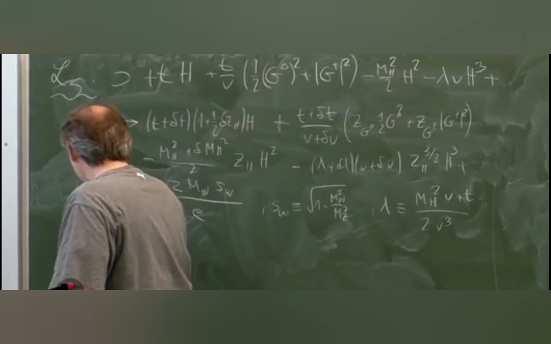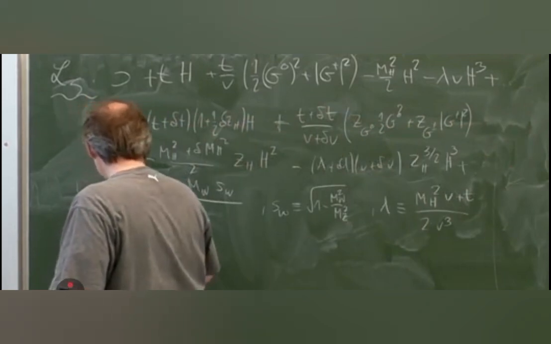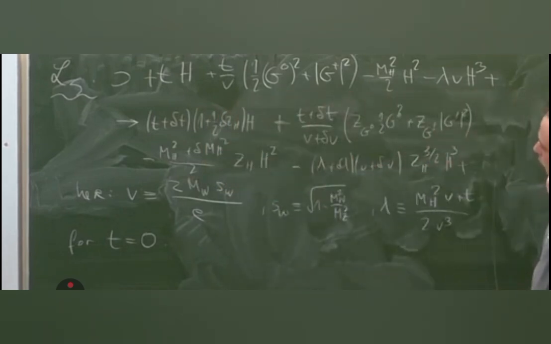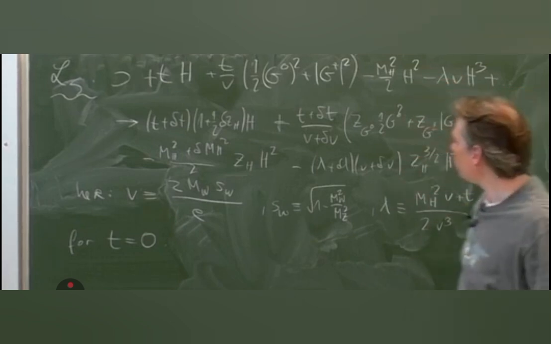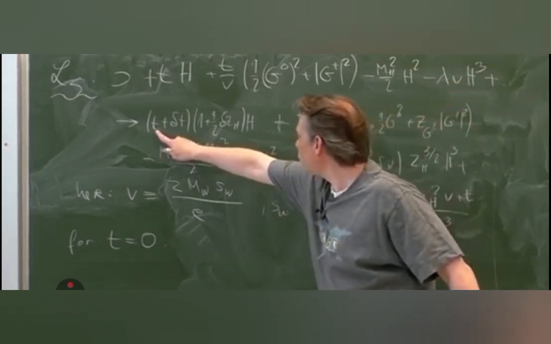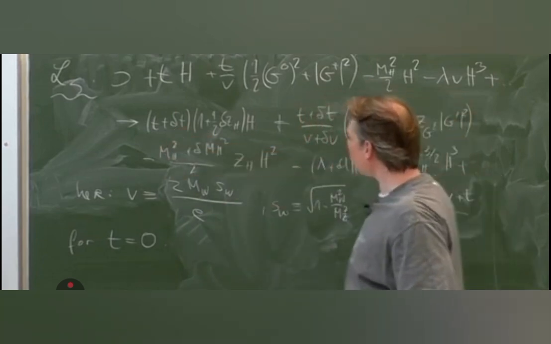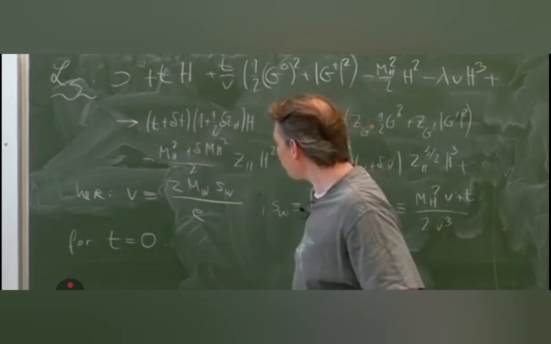So let us evaluate this for the case where the original tadpole is actually 0. So at tree level we have found the correct minimum of the Higgs potential, and then we evaluate the counterterm Lagrangian around that. So we set the original t to 0, but we do not set delta t to 0. If we do that and expand to first order, then we get a simplification.